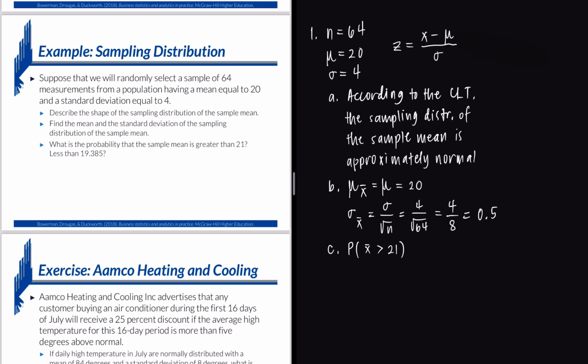So x is the variable that is being converted to z, and to compute for the z-score of x, what we subtract from x is the average of all the values of x, and divide that by the standard deviation of all the values of x. Here, we can't use this formula to convert x bar to z, because again, what we are converting is x bar and no longer x.